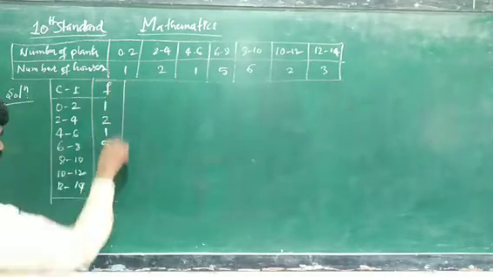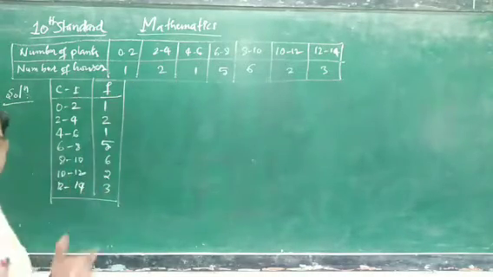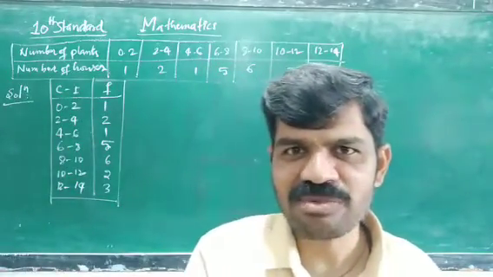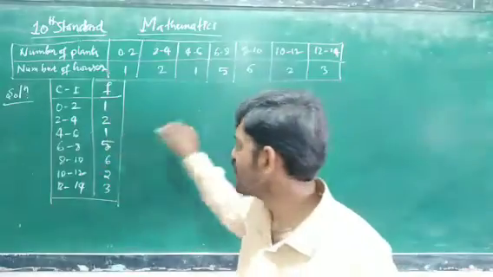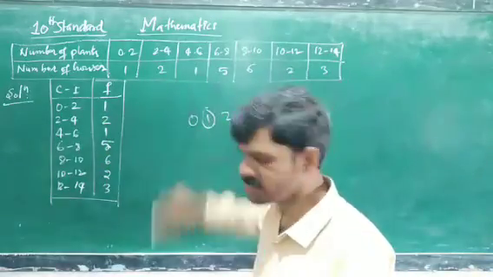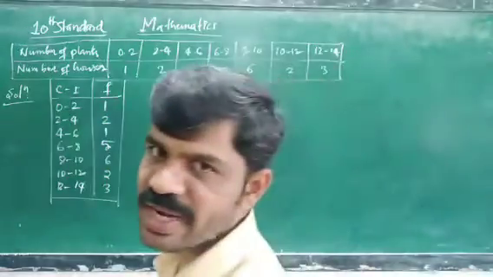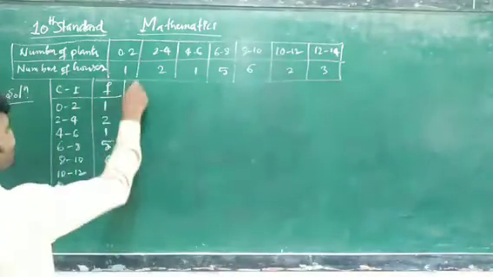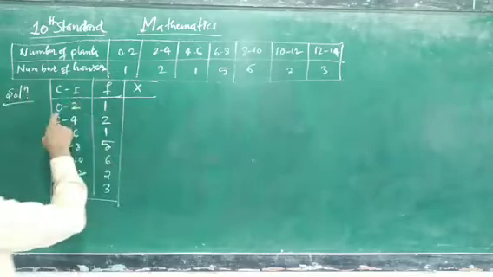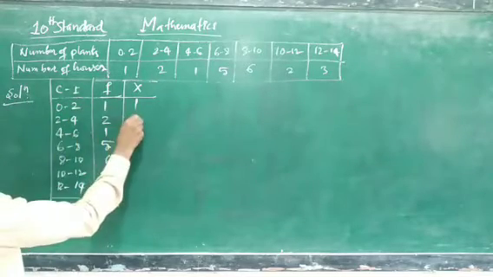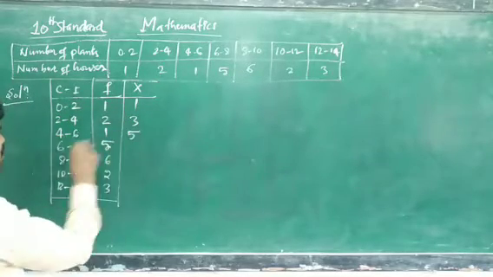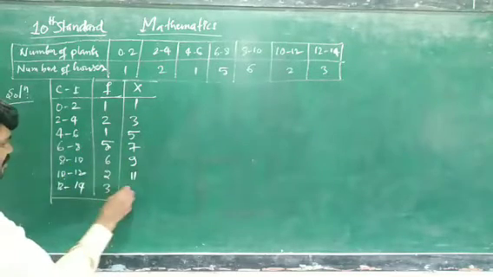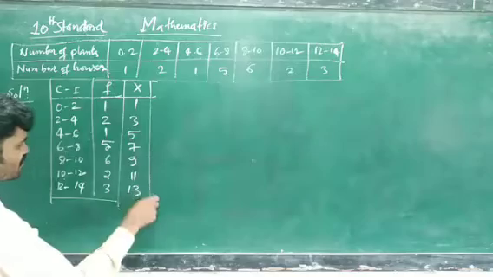Now we have to find x, which is the midpoint of the class interval. For 0 to 2, the midpoint is 1, and that is the x we write here. So x is 1, 3, 5, 7, 9, 11, 13.